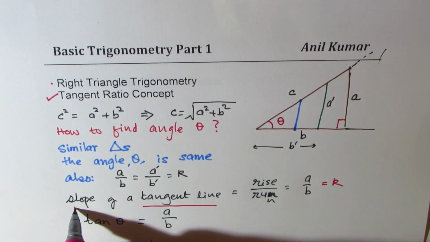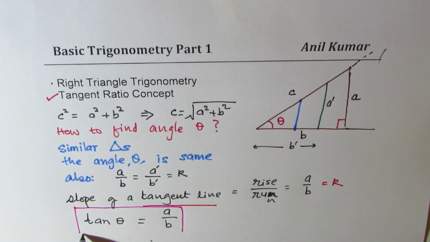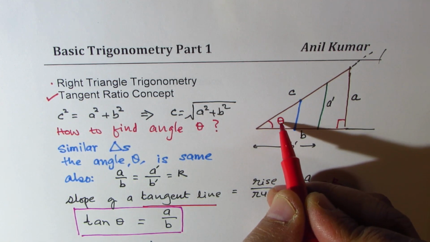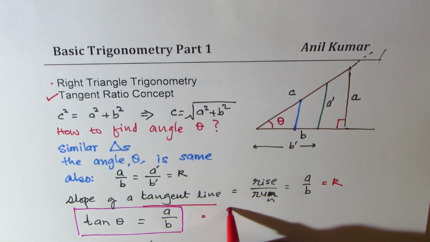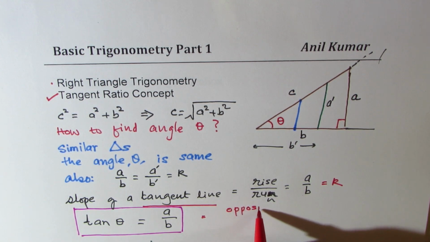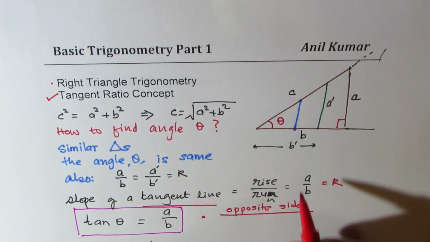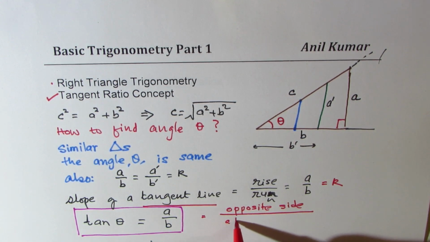So I hope this concept is clear. Now if you look into this angle, we could always say from the angle theta, A is opposite side and B is adjacent side.